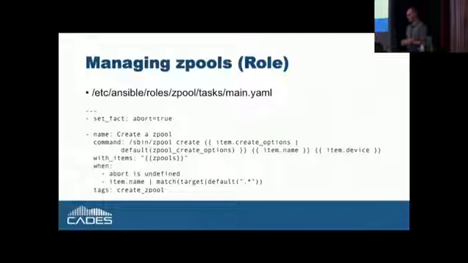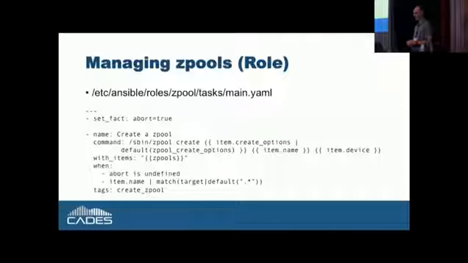So for the one play I have in here, this is a task to create a Z pool. You can see that it has the command, the zpool create, with several variables that get filled in. The with items is used to loop over all the Z pools defined on all the hosts, and there's a conditional.